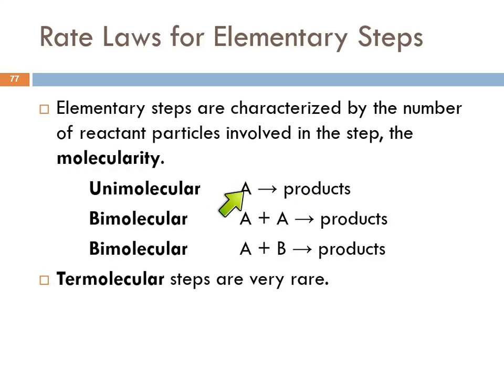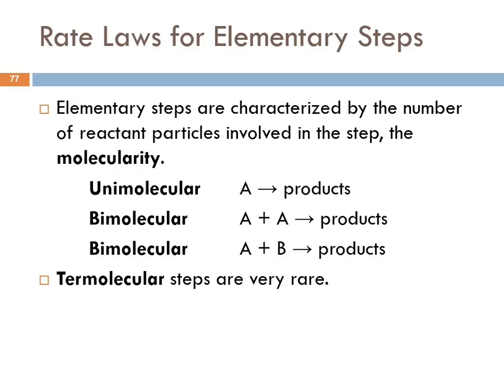So that would be a decomposition of some kind, right? Bimolecular is where you have two different particles reacting to form products. Those two particles could be the same, or they could be different from each other. Okay? So these are both bimolecular because they involve two particles. There are termolecular steps. Those would have how many?